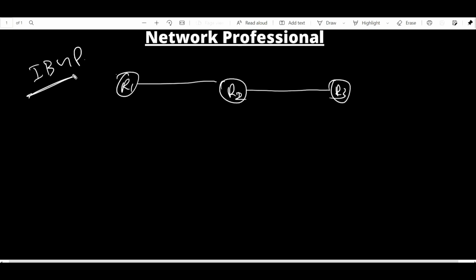But in iBGP, whenever a router will share prefix with their iBGP neighbor, router will never modify next hop. So now how will communication happen, right? Suppose 10.1.1.0/24, 12.1 and 12.2 over here, right? 23.1 and 23.2. How will communication happen?